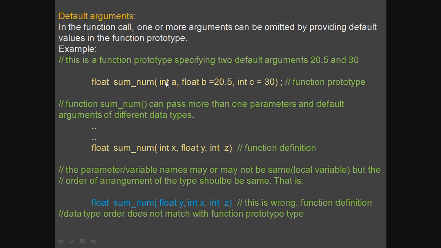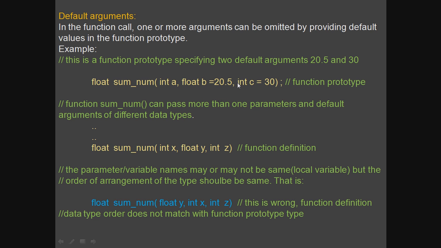Every variable needs to be declared with a data type. You can have as many parameters as you want: one, two, three, four, five, even 10 parameters. The data types need not be the same; they can be integer, float, character, anything, right?